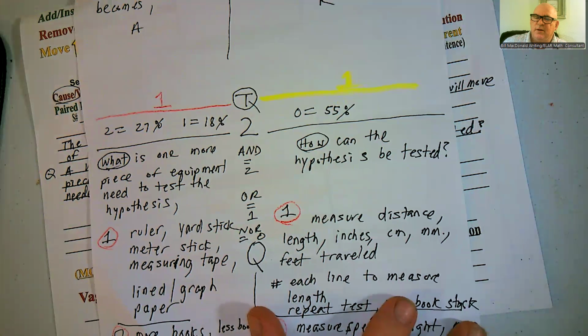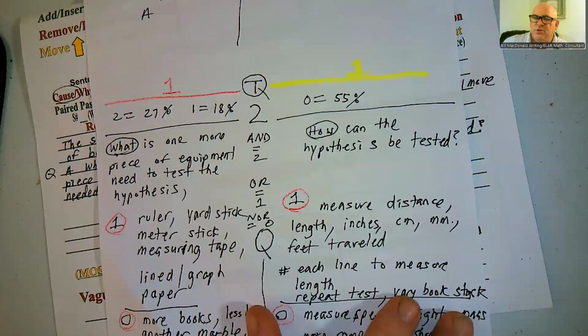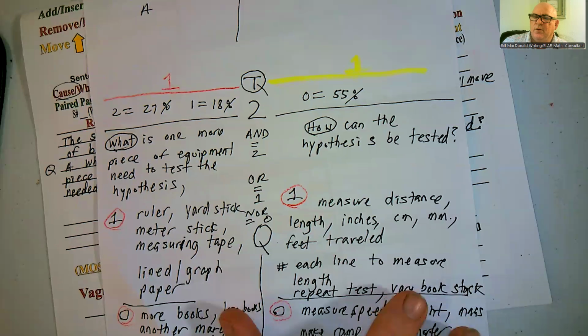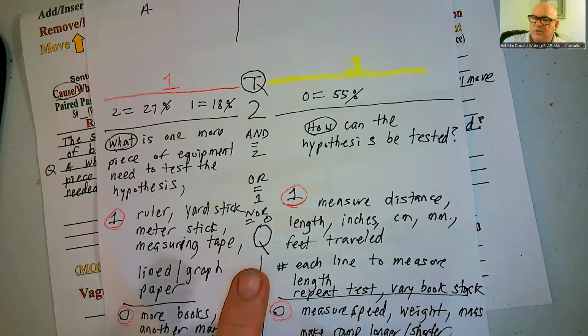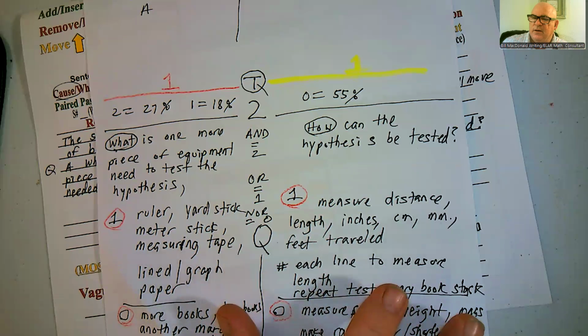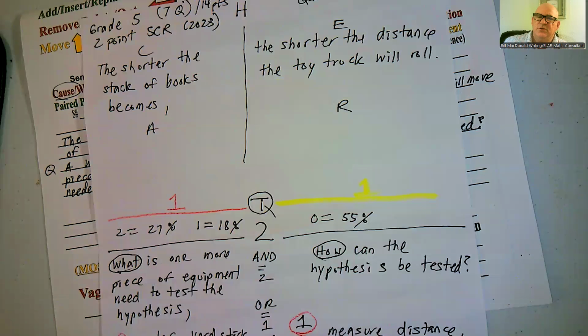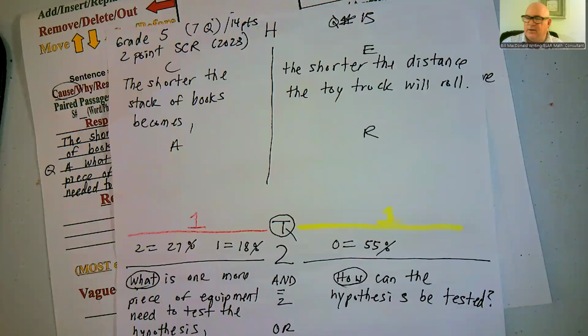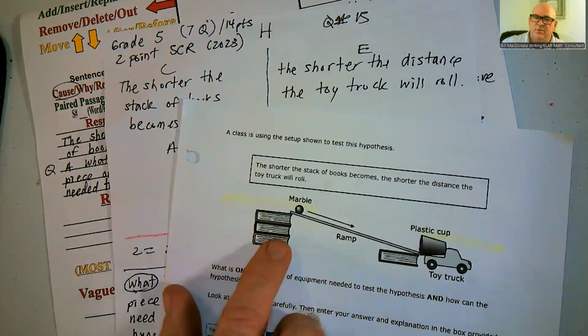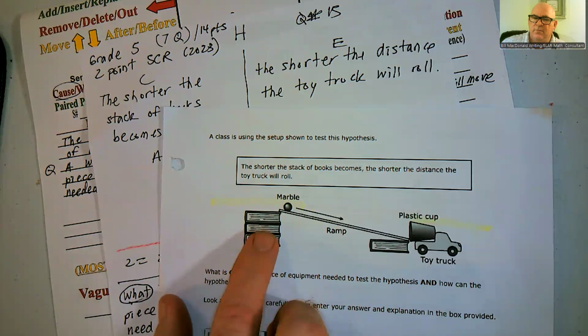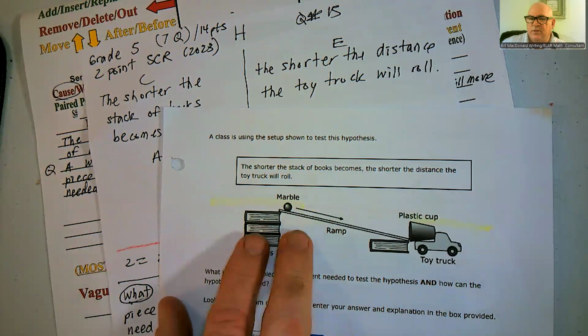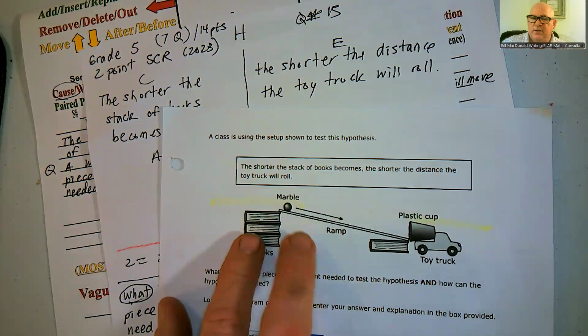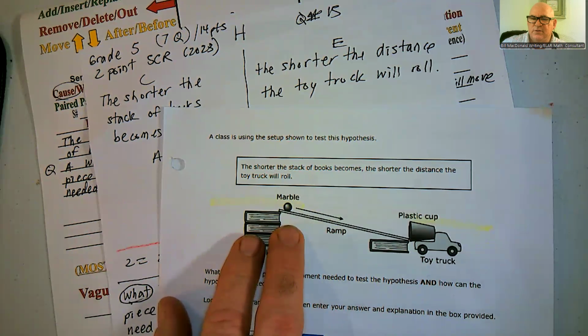But there has to be a clear distinction between the equipment that you're using and varying the book stack, which is that stack on the left. Do you make them thicker? Do you make them smaller? That's how you're going to test it.